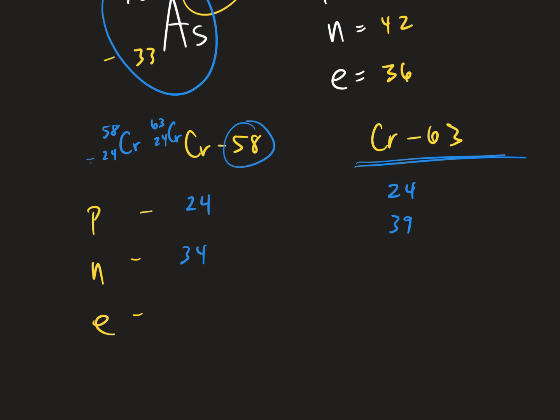Do you see a charge on chromium-58 and chromium-63? If you don't see a charge, what is it? 0. If the charge is 0, or if it's neutral, how many electrons do we have relative to how many protons? Same number. You have the same number of positives as negatives, making 0. You with me? So what's the number going to be? 24.